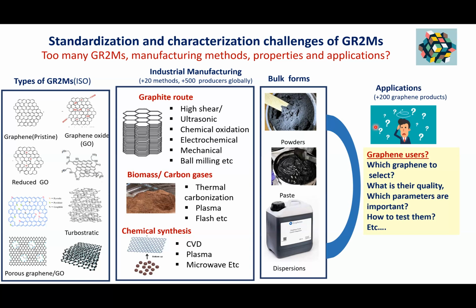When end users want to buy graphene or develop their products, they usually get confused about how to select the most appropriate graphene materials, know their properties, and test them.